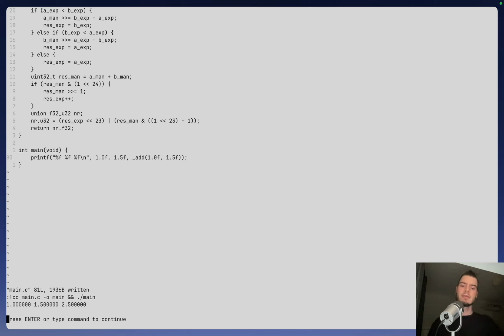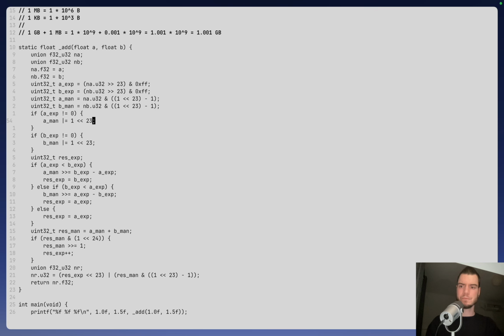Let's try to make this work for negative values as well. Now, what happens with negative values? I think what we need to do in that case is copy the sign bit from the float to our integer value.